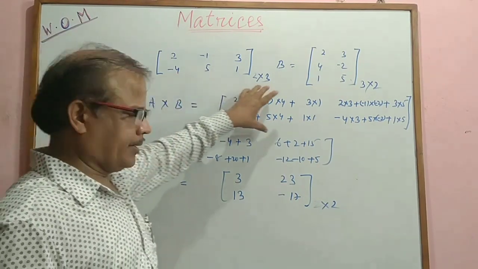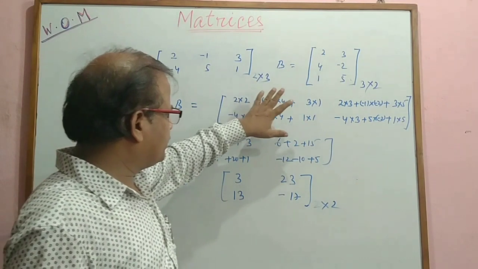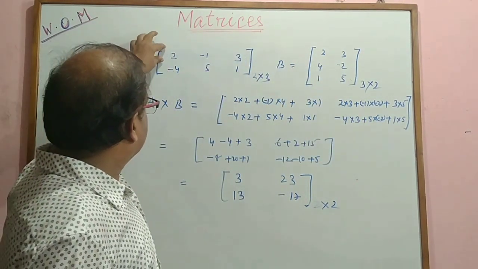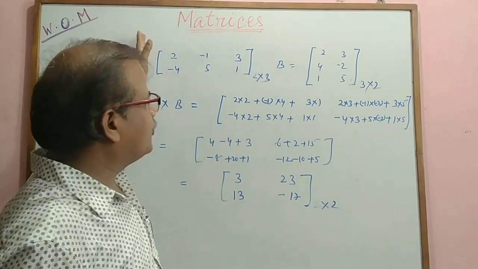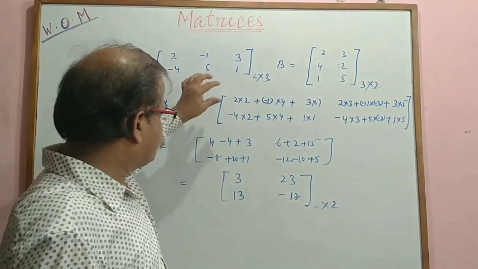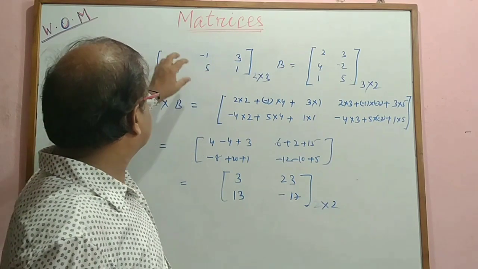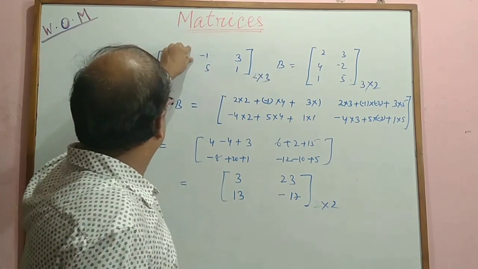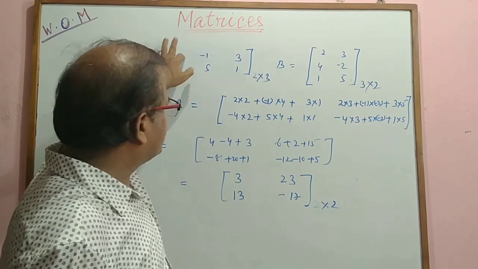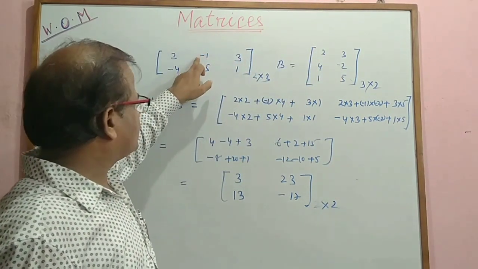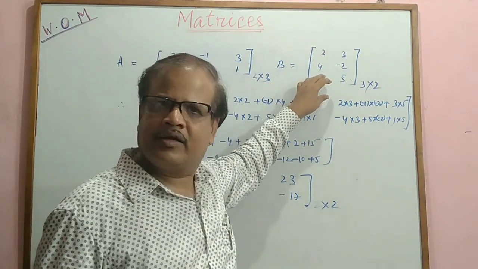In this step, the elements are derived by taking the element-wise product of a row of A with a column of B. The first element of AB is derived by multiplying element-wise the first row of A with the first column of B: 2 is multiplied by 2, minus 1 is multiplied by 4, and 3 is multiplied by 1, and taking all their sum.